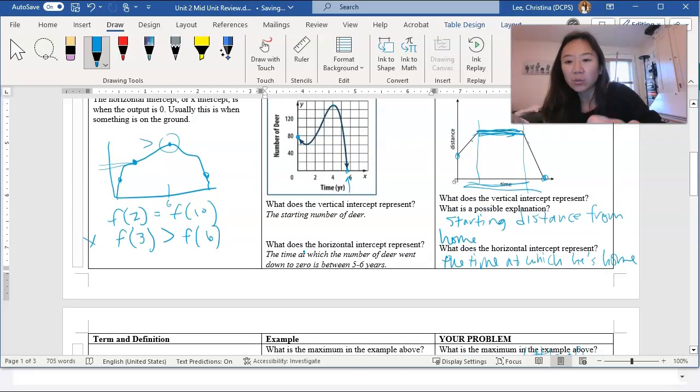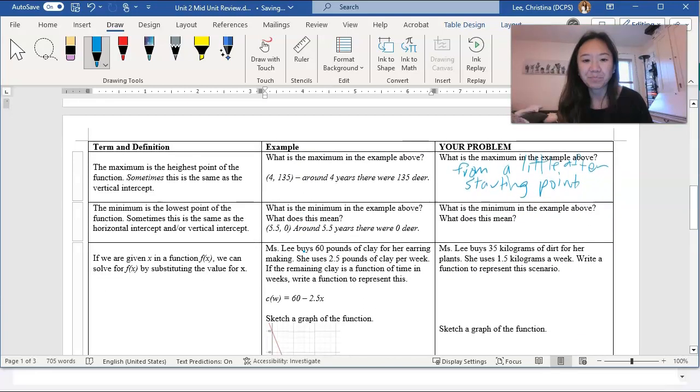In this case, we don't have actual numbers here, so we can't list a number. But, you know, if, for example, this was telling us 6 miles or something, right, then it would be at 6 miles between this period of time here. It's at its greatest point.